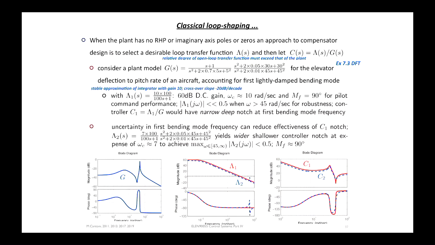Okay, so one way of designing a controller on the basis of a desired loop shape is just to choose the controller to be the desired loop shape divided by the plant model. Because the open loop transfer function is just the product of the controller and the plant transfer functions. So if I know what this is and I know what this is, I can just choose C to be this divided by this.